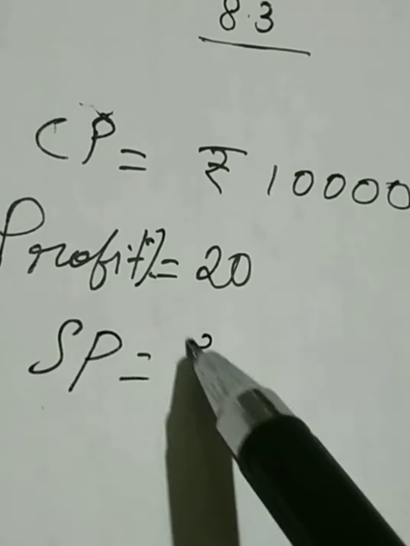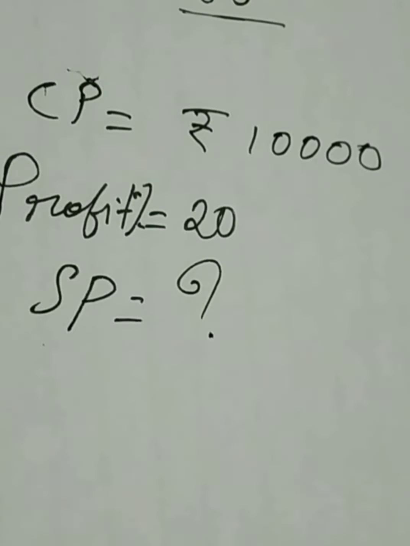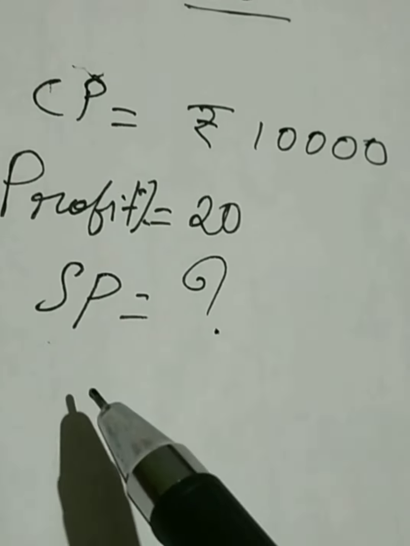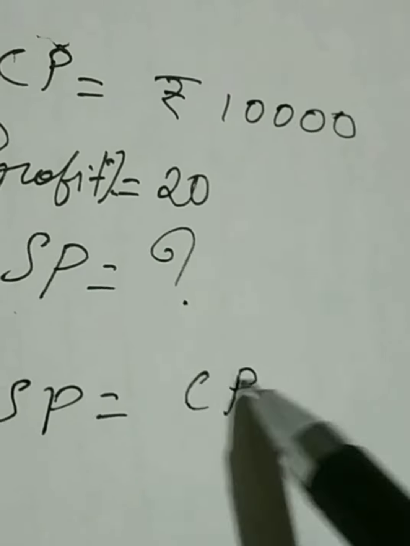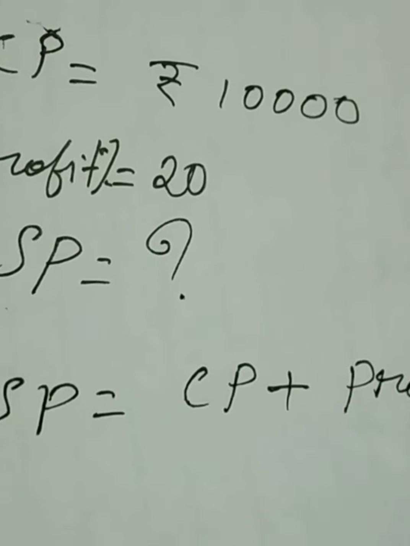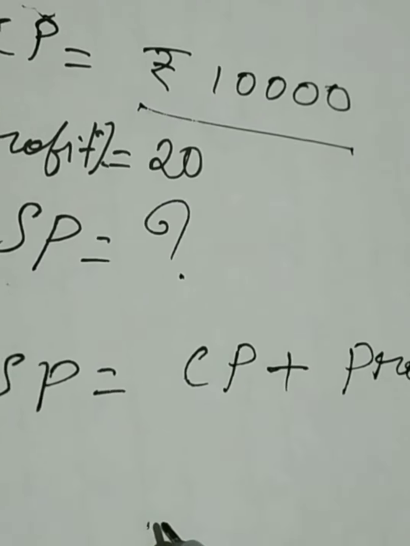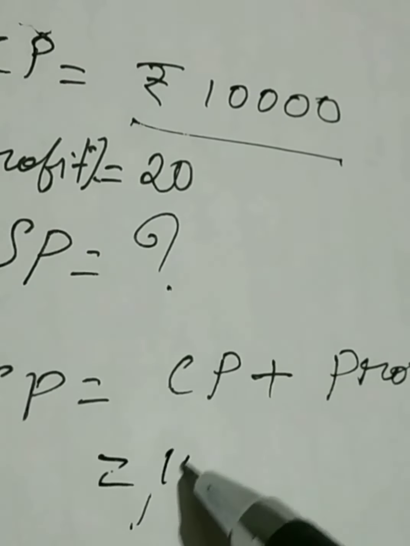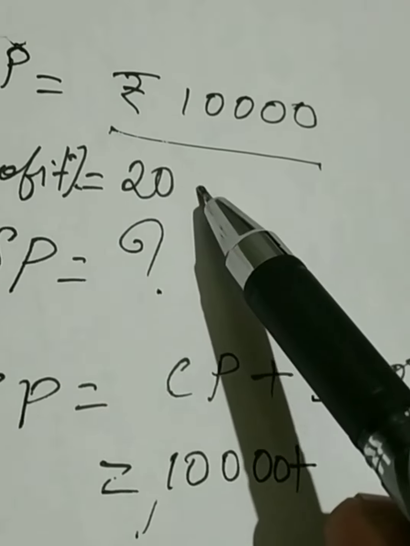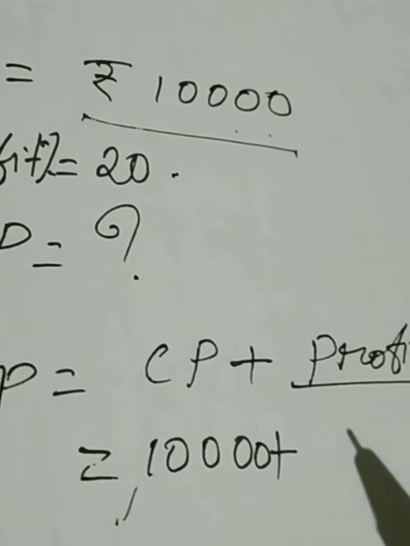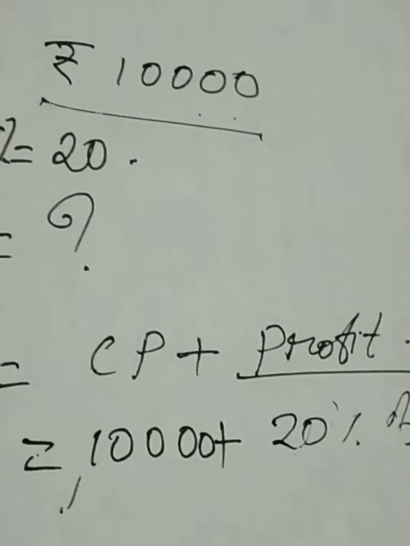We know that selling price is equal to cost price plus profit. The cost price is equal to 10,000. What is the profit? 20% of 10,000.